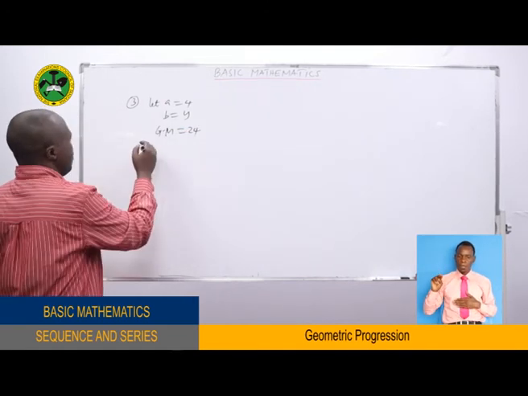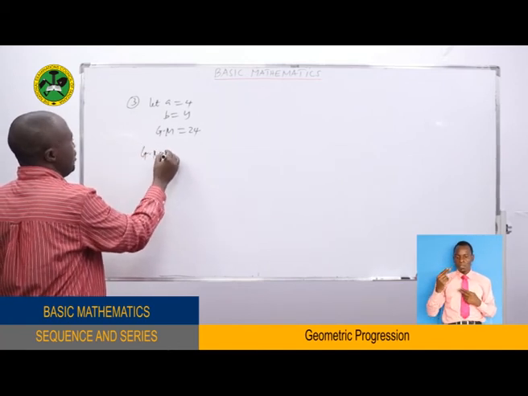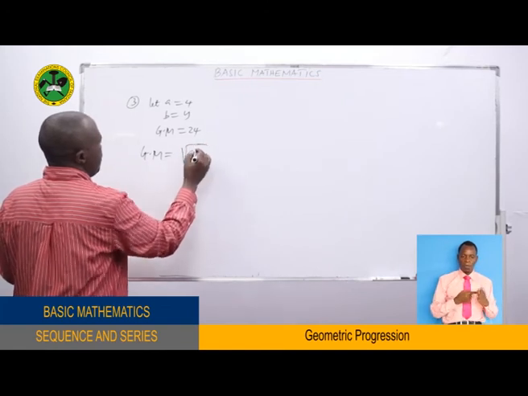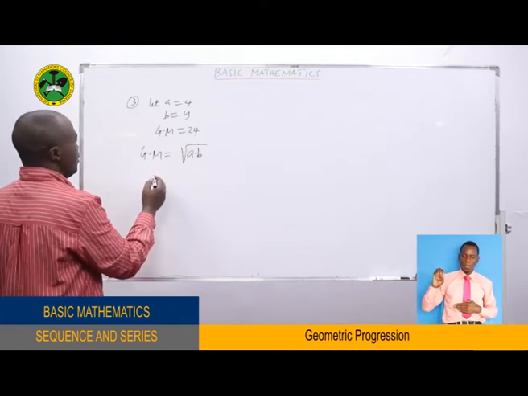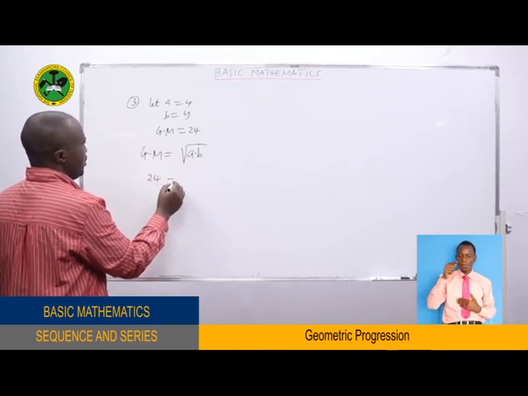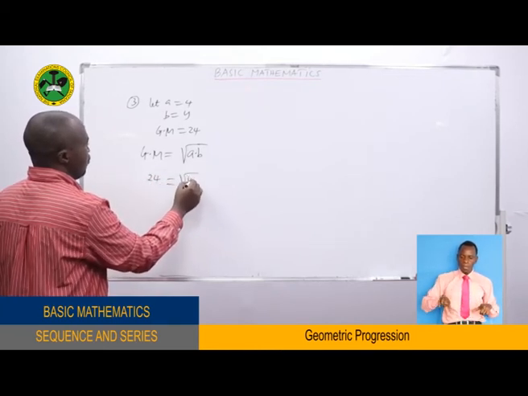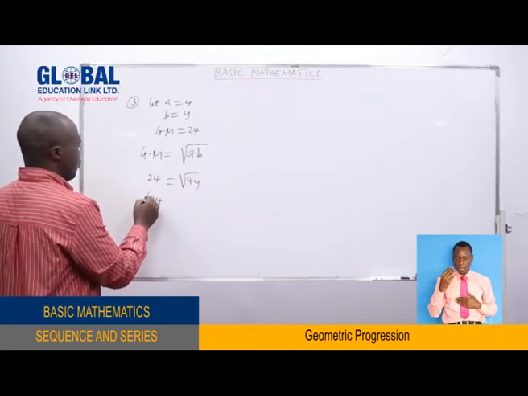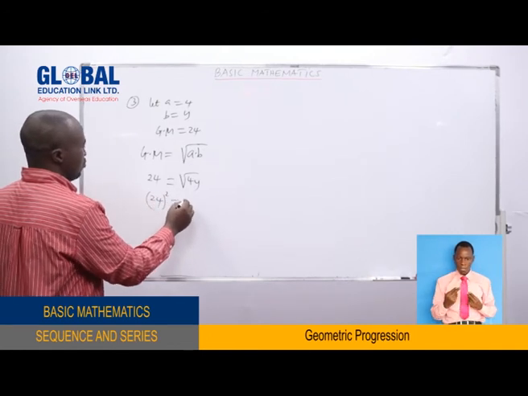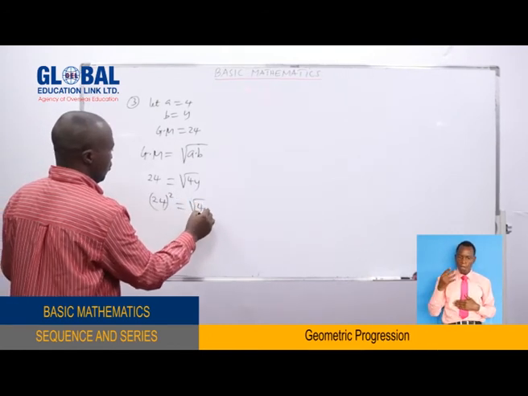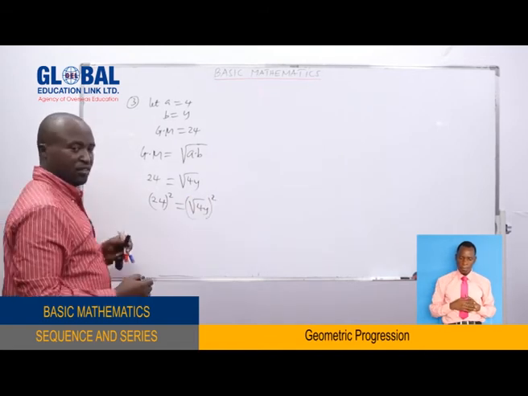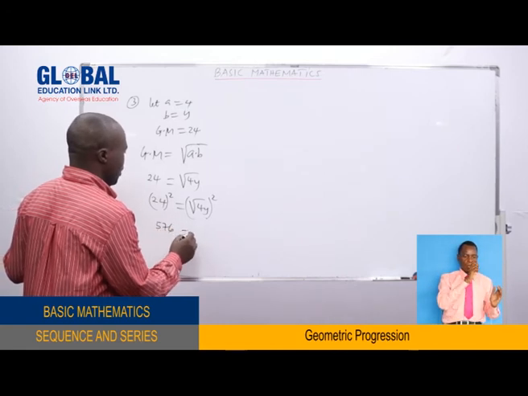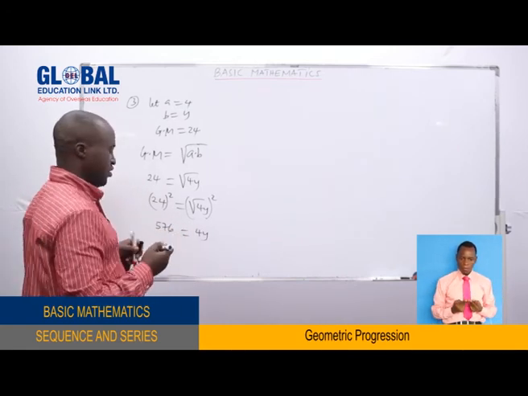Now, using our general formula of finding geometric mean, this is equal to the square root of a times b. That geometric mean is 24. So this is equal to the square root of 4y. On squaring both sides, we have 24 squared equal to the square root of 4y, squared. We have 576, which is equal to 4y.